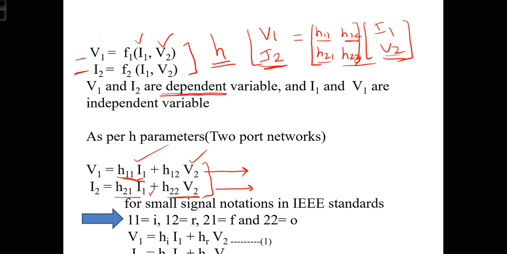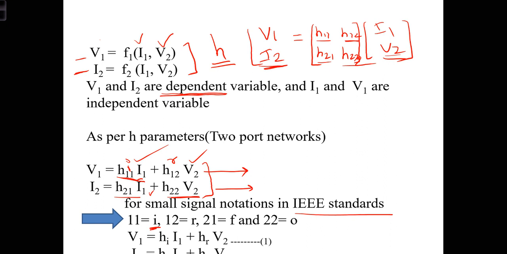V1 by I1 is actually your input resistance. As it is related to the input, it is denoted by I, by IEEE standards. The second subscript 1 is actually your R, the reverse voltage gain. You can verify.